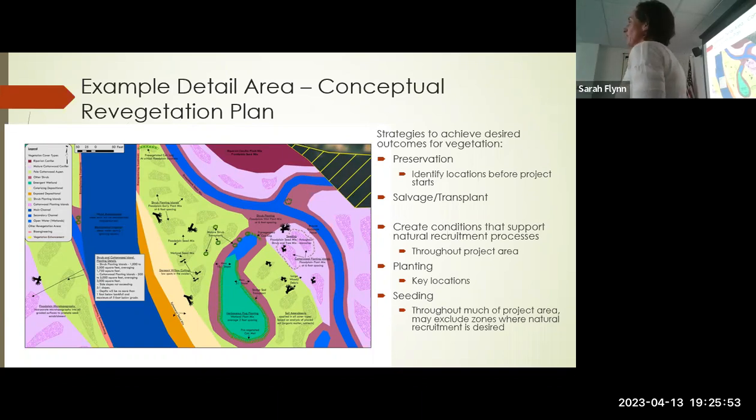We might use a different planting technique in that area, like using herbaceous plugs, versus some of these other floodplain areas like the green, where we would want to plant container shrubs. And so we'd use different strategies throughout these different cover types in the floodplain, and develop different species mixes for them too, because there'll be different species that are appropriate given how wet or how dry these sites may be.